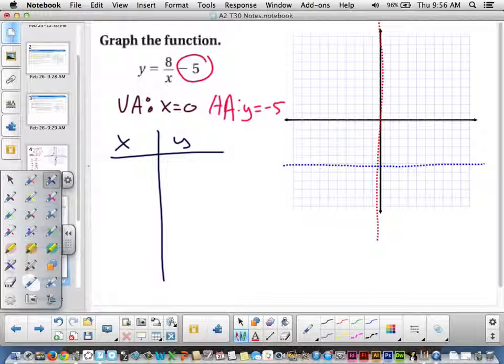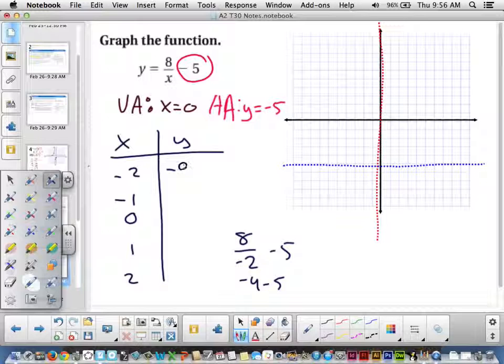I want to surround 0, so I'll do -1, -2, 1 and 2. Plug in a few values. If I plug in -2, 8 over -2 minus 5. This is -4 minus 5, that's -9.